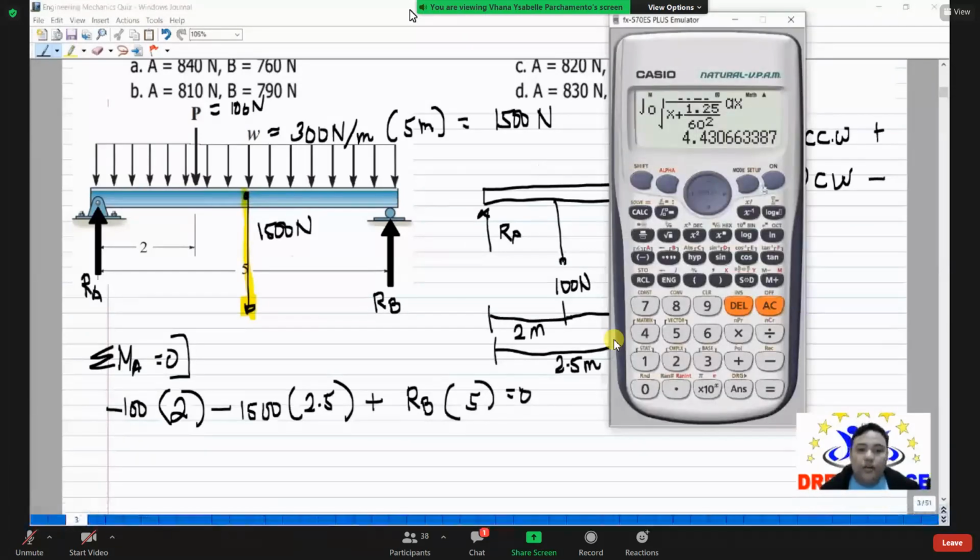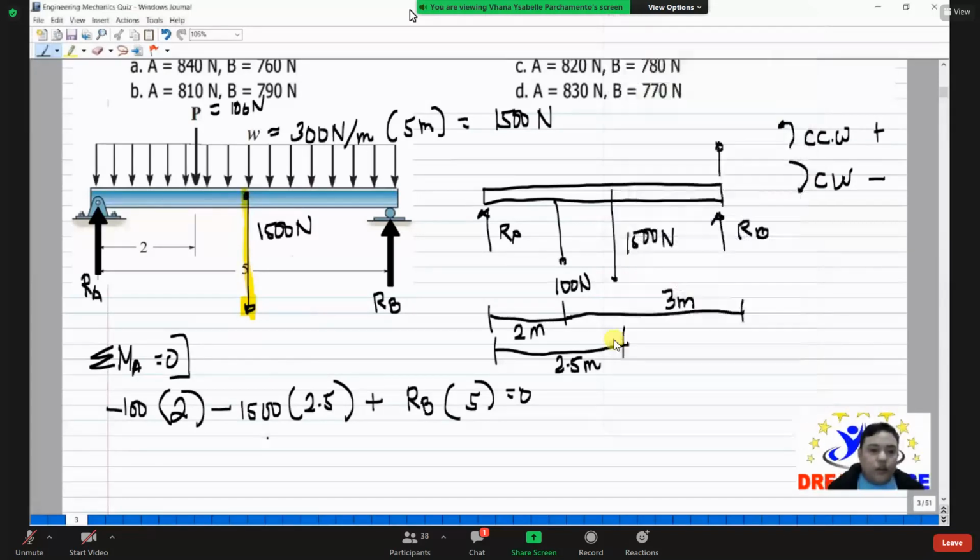So solve na lang natin to by manipulation. So that is 100 times 2 plus 1,500 times 2.5, divided by 5. So that is 790. So RB is equal to 790 Newton.